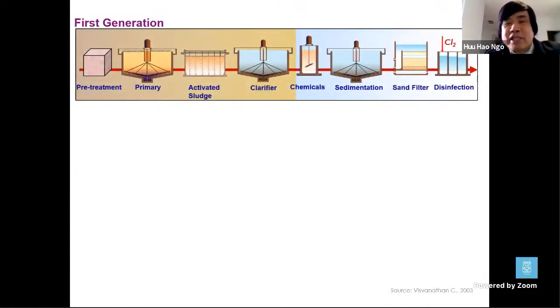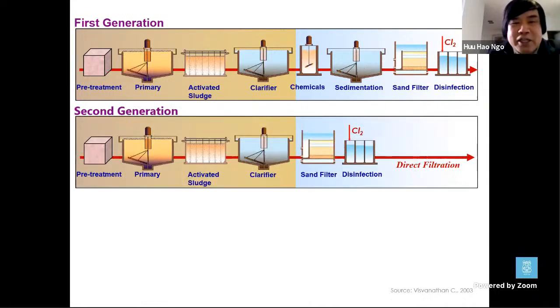You can see it's a third generation when we want to treat wastewater. It is a very lengthy process, from the pre-treatment, to the primary, then the biological treatment process, and the secondary clarifier, and then further chemical sedimentation, sand filter and disinfection. Then we can discharge our wastewater to the receiving water bodies. It's too long, so we think about the second generation.